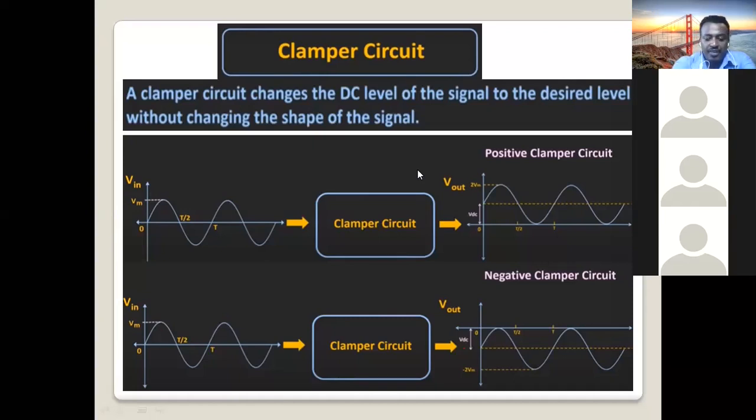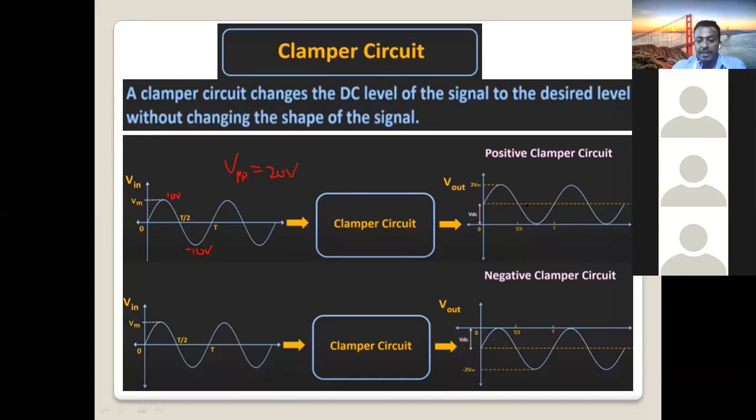So here, for example, this signal has a peak value of 10 volt and minus 10 volt. What is the peak-to-peak voltage? From here up to here, 10 minus minus 10, it will be 20 volt.